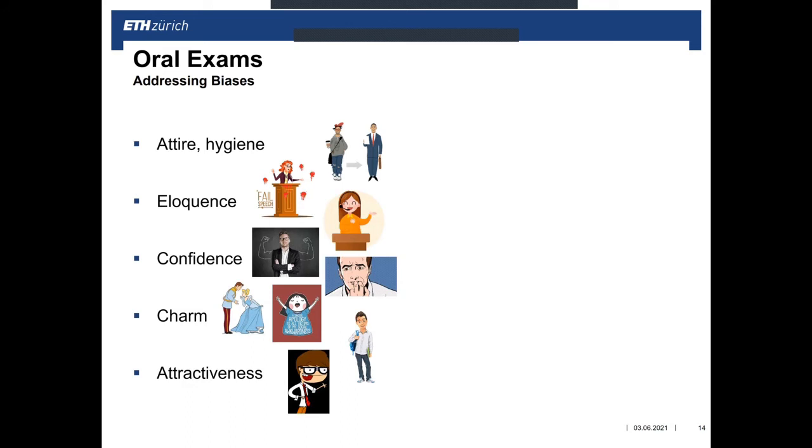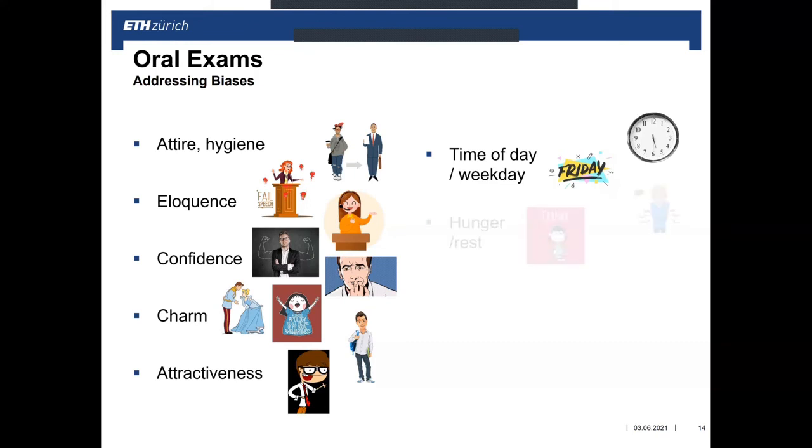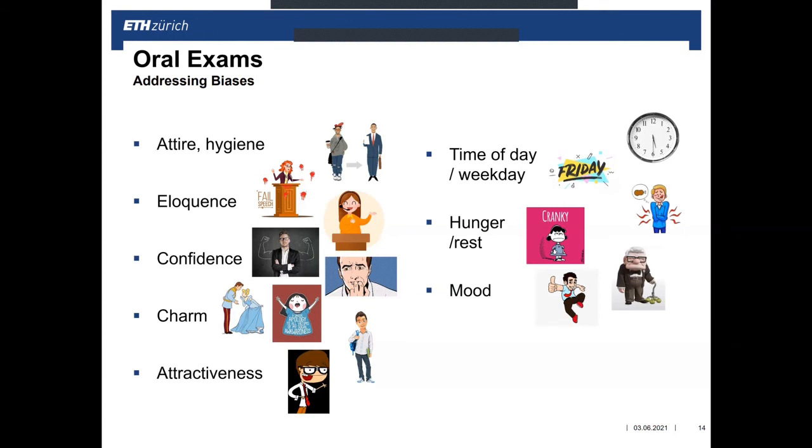But then there are also other factors that don't have anything to do with the candidate per se. So for example, the time of day or the weekday can have an influence on how strict or severe you are in your judgments of the candidates. Whether you are hungry or rested, your mood, the prior candidate anchors your judgment of the subsequent candidate. So if I'm a candidate to an exam and my prior candidate was very poor, this is quite an advantage for myself.